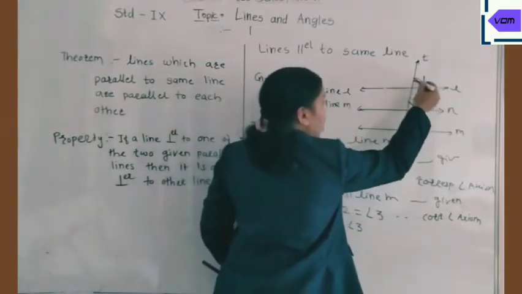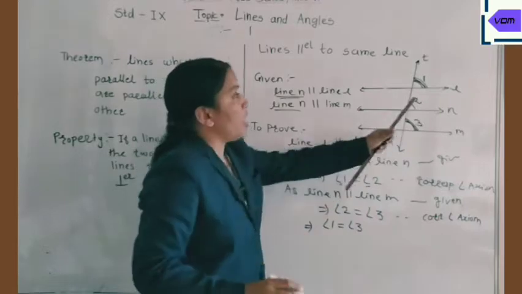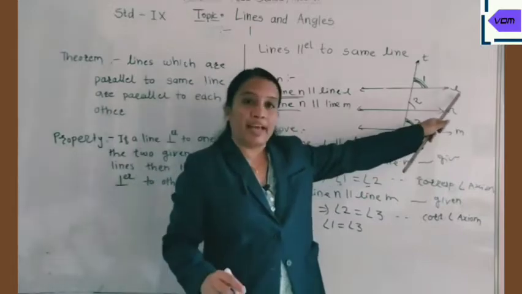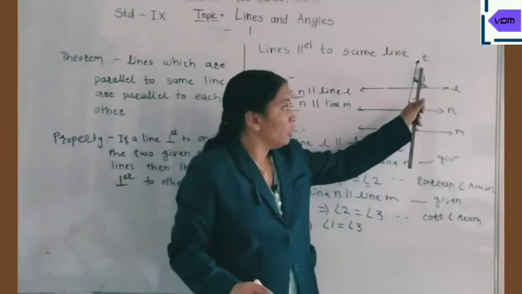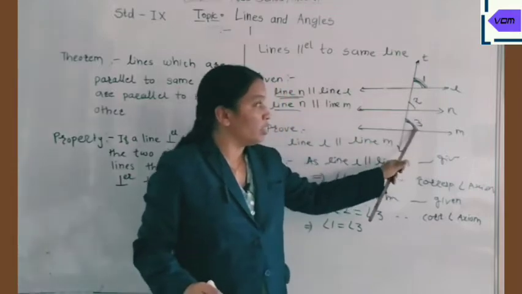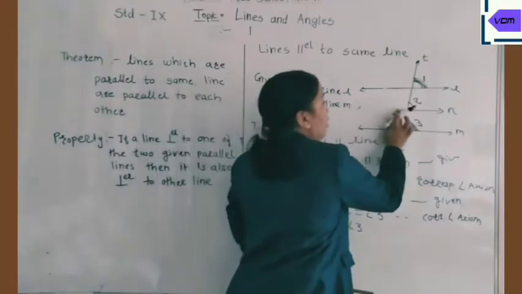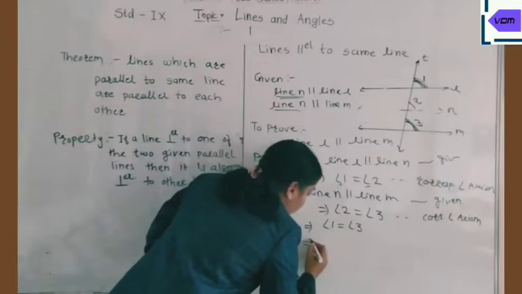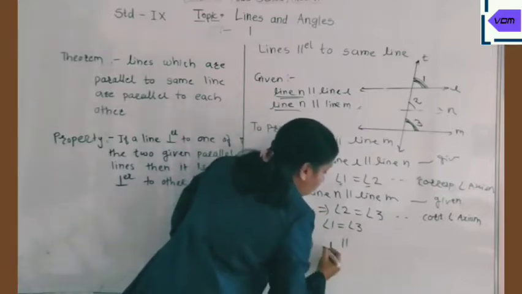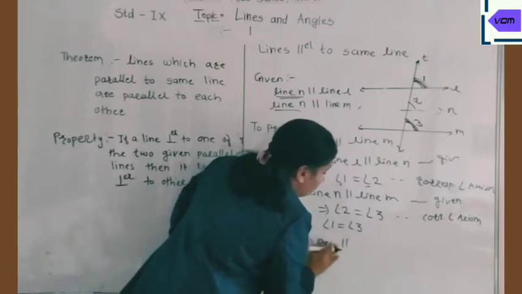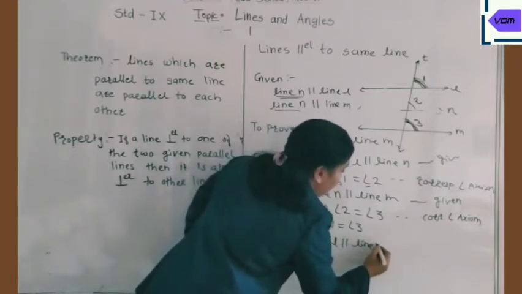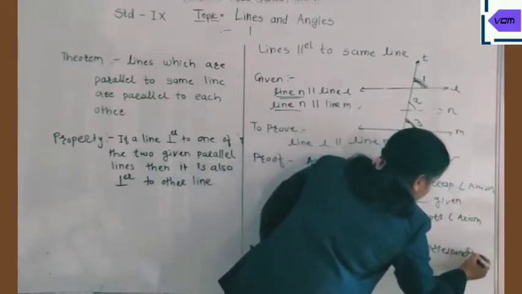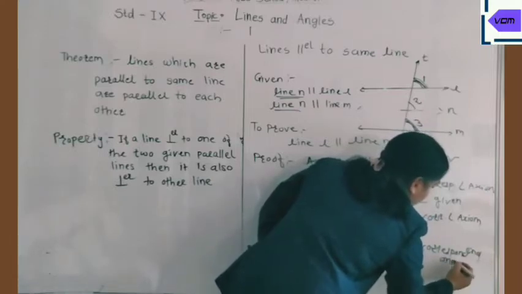But angles 1 and 3 are nothing but the corresponding angles formed by this transversal with line L and line M. This implies that line L is parallel to line M by again the corresponding angle axiom.